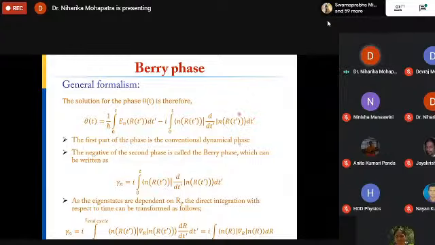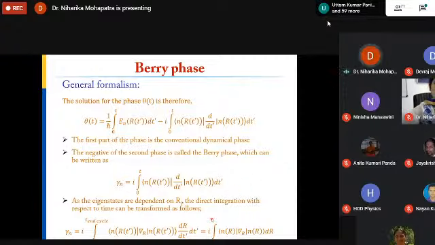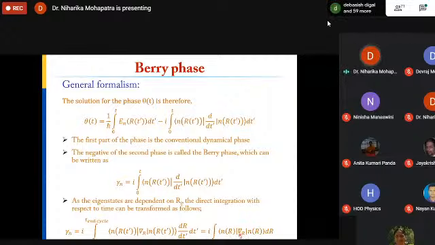This additional phase is known as the Berry phase, and it is represented like this. This del R is the gradient, which means that with respect to this parameter R, it tells how much this n of R is changing over here.